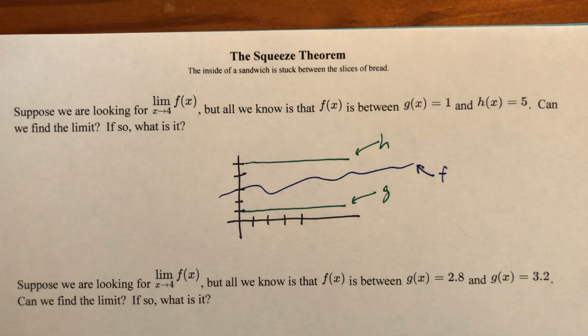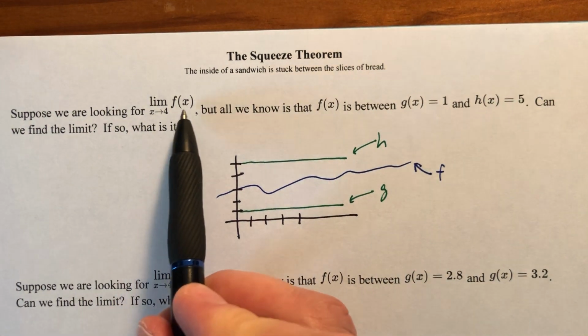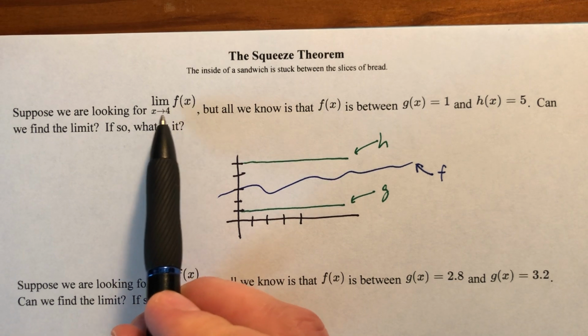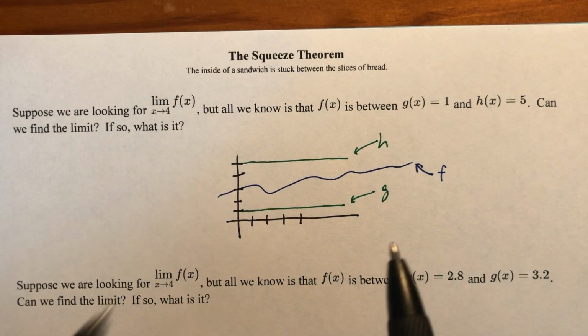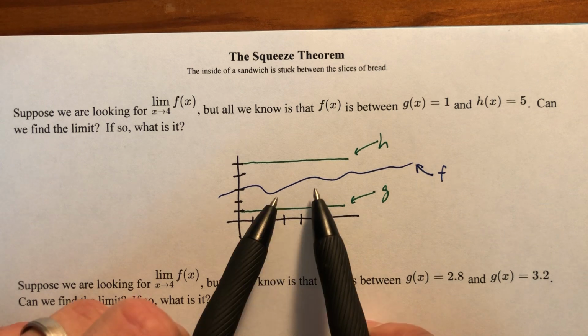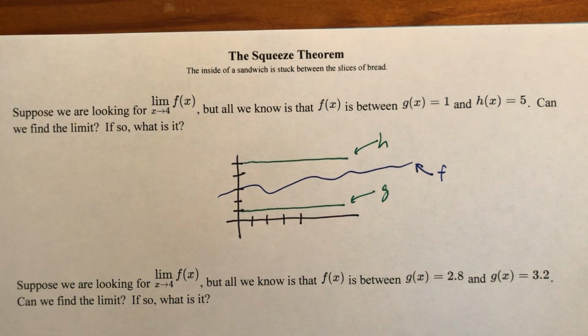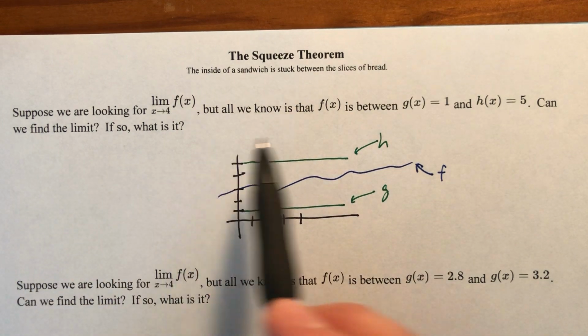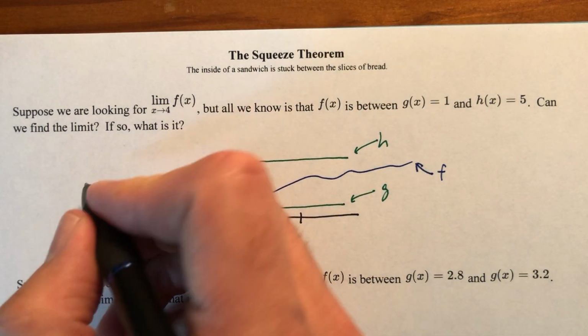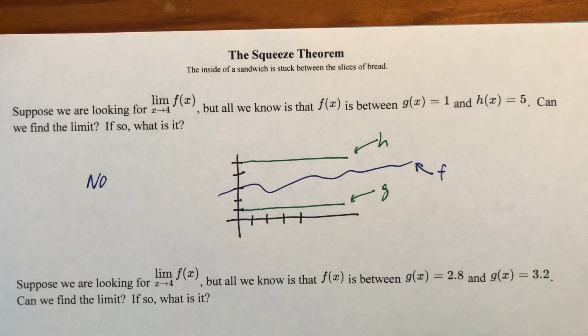Okay, so there's the f function, and I want to know what the y value is that I'm approaching as my x value approaches 4 for my f function. As I do that, I don't know, because I had to guess what this thing looked like. So, can we find the limit? And no, we cannot. It took a big, long explanation to do so.